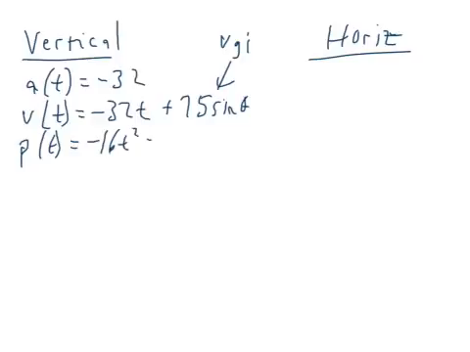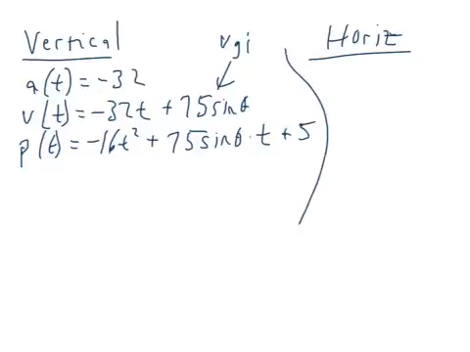So we'll do that. So integral of negative 32t, and I'll stick a t on the end of this. And then this is plus initial position, which was told to be 5. So again, that was initial, I'm calling pi, initial position.